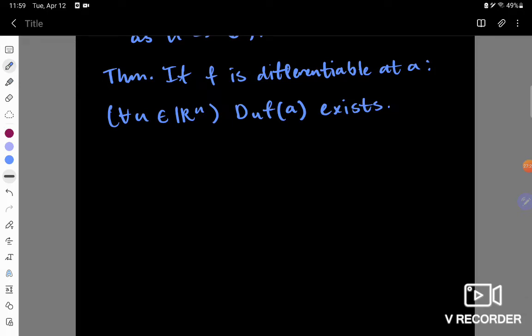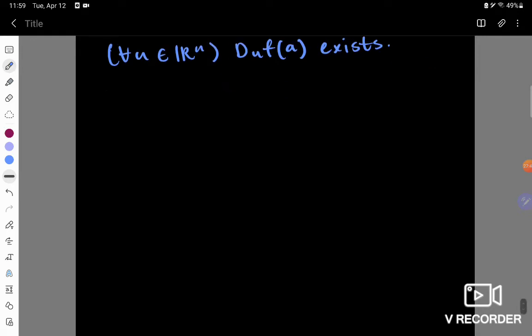This is powerful because differentiability implies existence of all directional derivatives, but not vice versa, as we saw with our counterexample earlier. So this converse does not necessarily hold, but we'll see and prove that the forward statement does. So, proof.